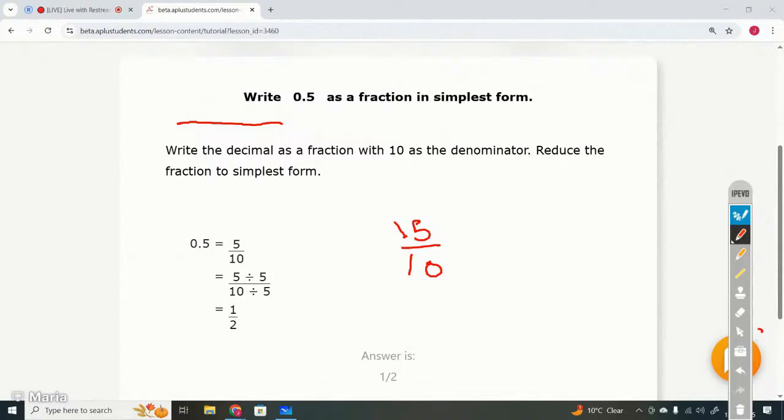Now divide it by the greatest common number. The greatest common number is 5. So 5 divided by 5 is 1 and 10 divided by 5 is 2. So that equals 1 by 2. So 0.5 in simplest form is 1 by 2.